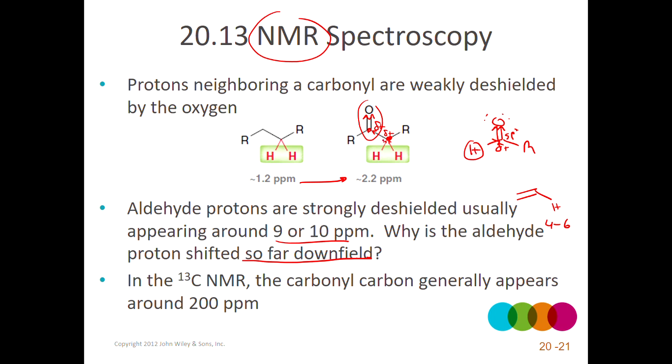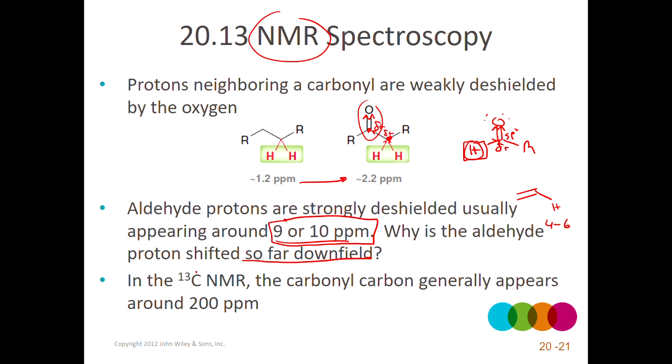So this hydrogen is 1, 2, 3 atoms away from the oxygen. This one is 1, 2 atoms away from the oxygen. That one atom closer really causes the electrons to be pulled away from it a lot. So it's very de-shielded, and there's a big energy gap between the two magnetic spin states for its nucleus when it's so de-shielded, and that causes it to shift to a much higher energy side of the NMR spectrum.